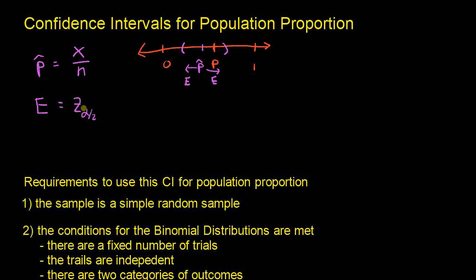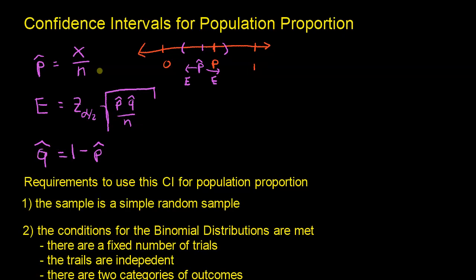So E is Z alpha divided by 2 times the square root of p hat times q hat over n. So square root of all of that. Now remember, q hat would just be 1 minus whatever p hat is.